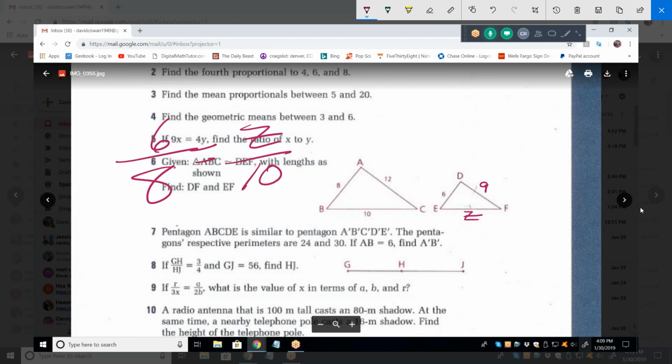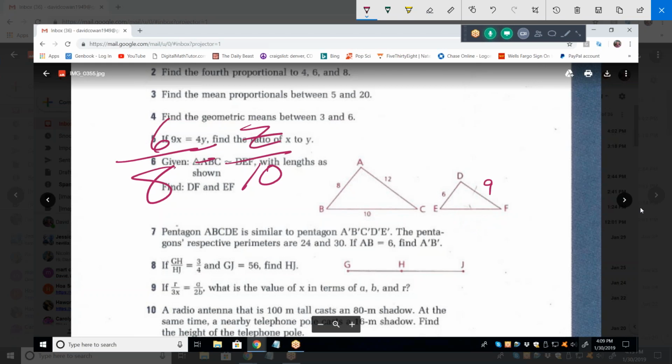Yeah. So that's one, where you're going this side to that side equals this side to that side. But it turns out on these problems, you don't have to go that way.